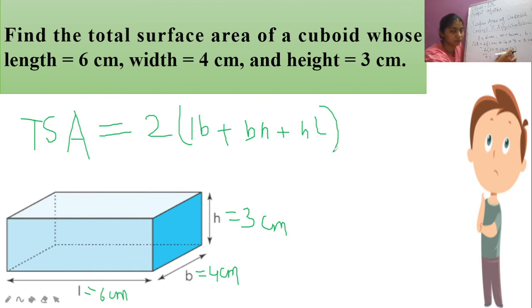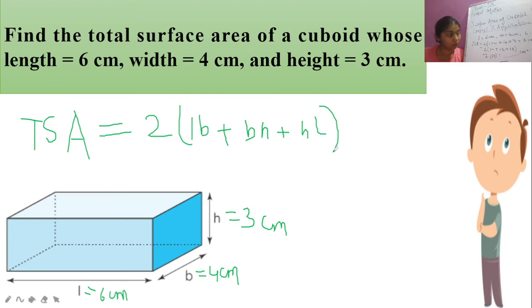Now students, you have to add all the terms, then simplify it. Yes, we get 54. So tell me the answer. What do you get as the answer?